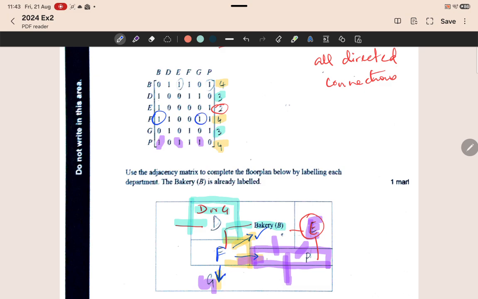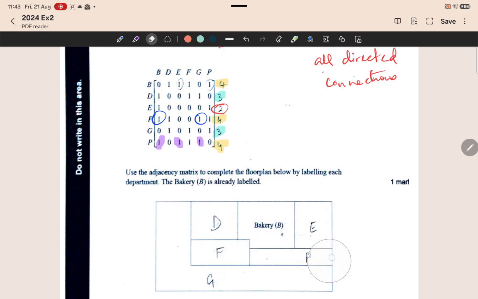And F has a connection to P, which we know. That's this one here. Now, the very fact that we haven't shown F has a connection to D implies that this must have been D. So that's the easiest way I found, but I'm sure you'll have easier ways of doing it. It all depends on how you think about things.